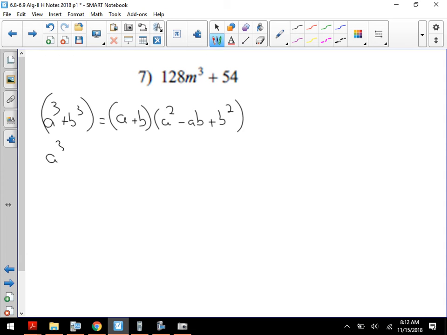If it was a cubed minus b cubed, it was a minus b, a squared plus ab plus b squared. Those were the 2 special patterns. Remember, the first sign is the same sign, then the next sign is always opposite, and the last sign is always positive. So it's always going to be same, opposite, positive.